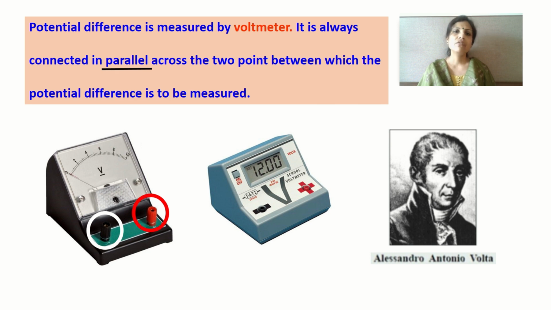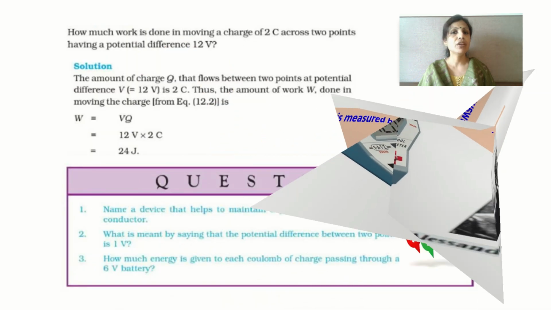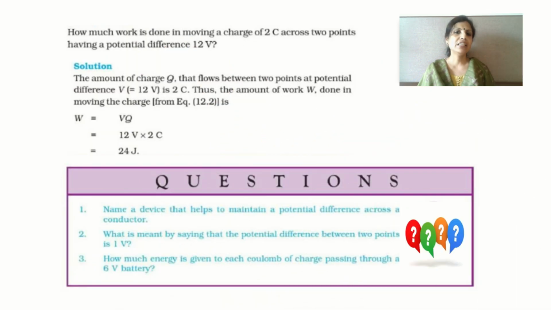So children, based on whatever we studied today, we have a numerical. Let's see that numerical first. How much work is done in moving a charge of 2 coulomb across 2 points having a potential difference of 12 volts? The moment you write the numerical, first you have to write what is given to you.